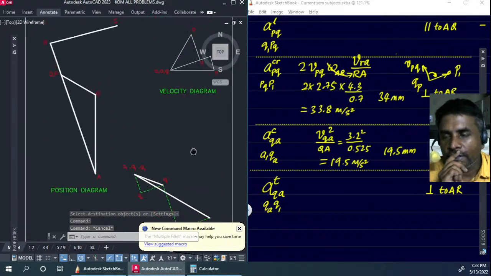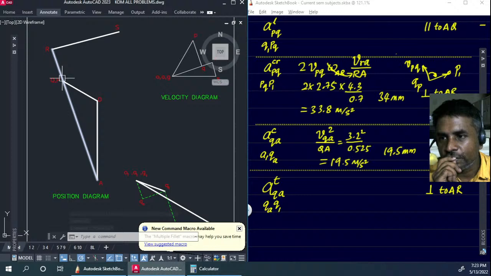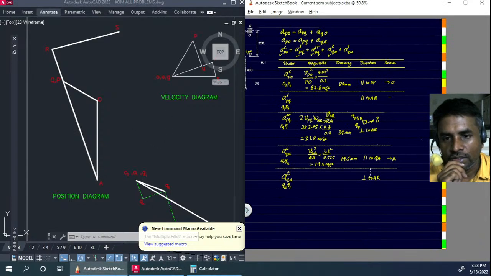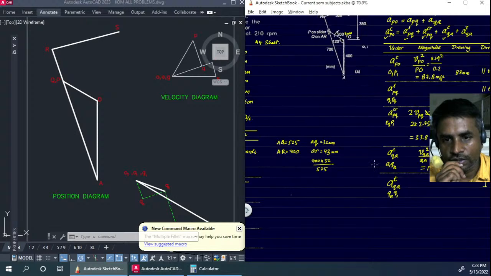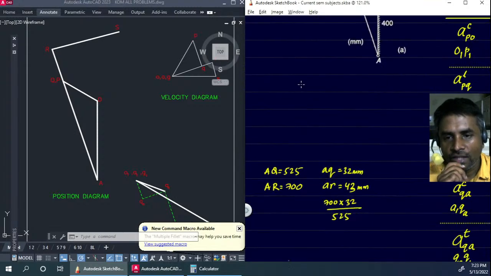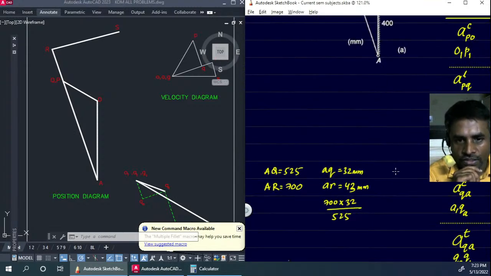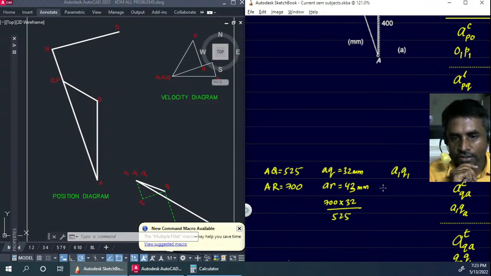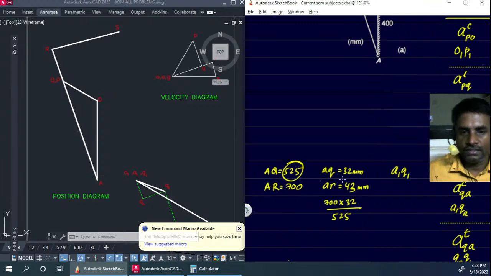Now, since we got the point Q, we need to extend AQ to get the point R. Once again, we'll have to do a calculation similar to the earlier one. Let me write A1 to Q1. AQ we already took, the length is this.